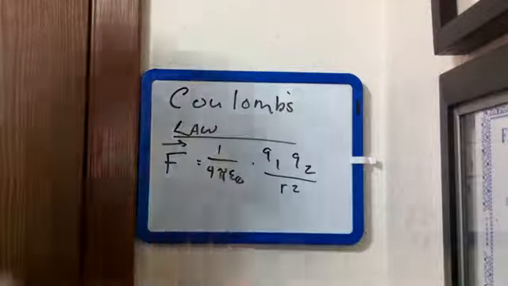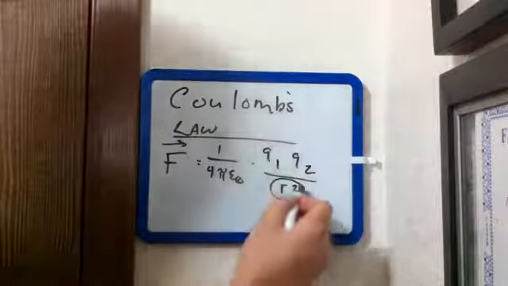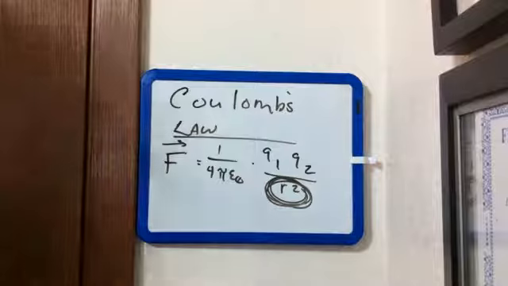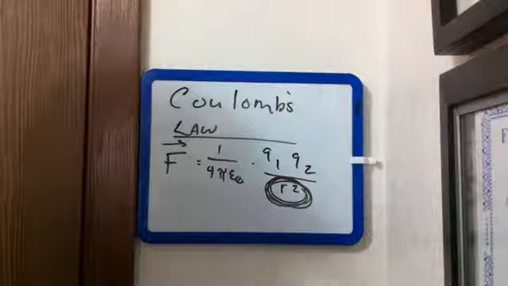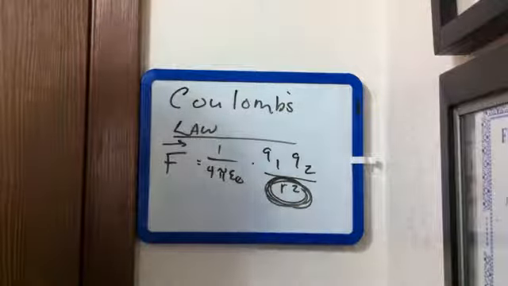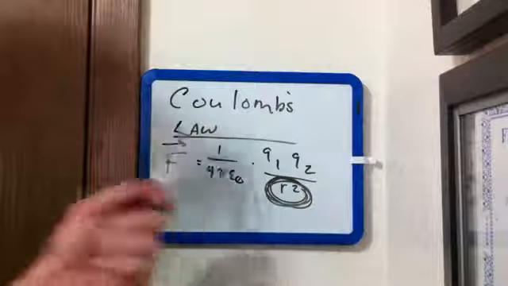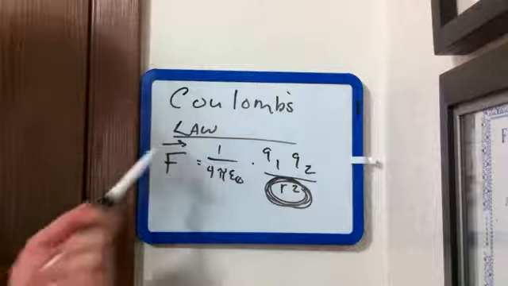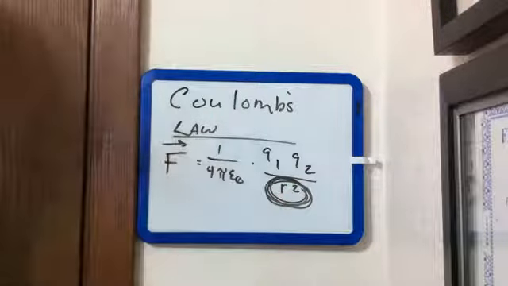And I'm also going to talk a little bit about this r squared here, because this is actually a very profound concept when we talk about the electrostatic force. Very profound, because there is another formula, basically, that we use to measure another kind of force.